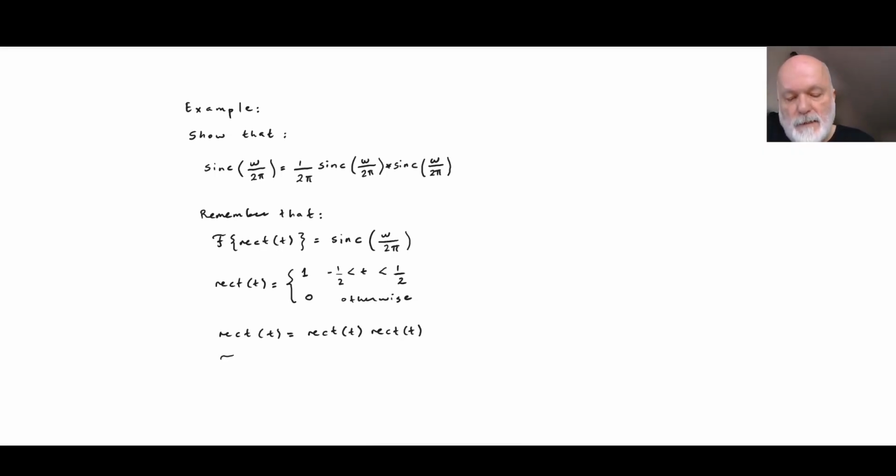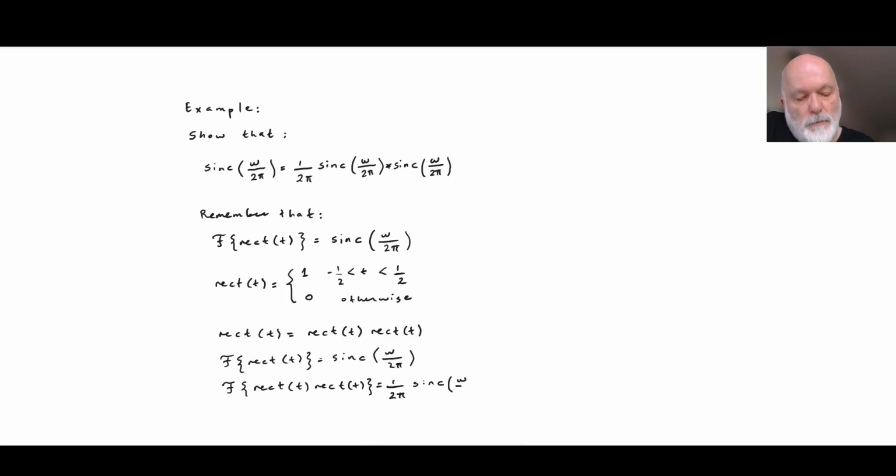Now, Fourier transform of rect t is sinc omega over 2 pi, and Fourier transform of rect t times rect t is 1 over 2 pi times the Fourier transform of rect t convolved with itself.